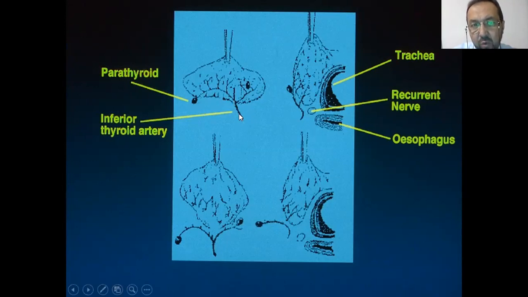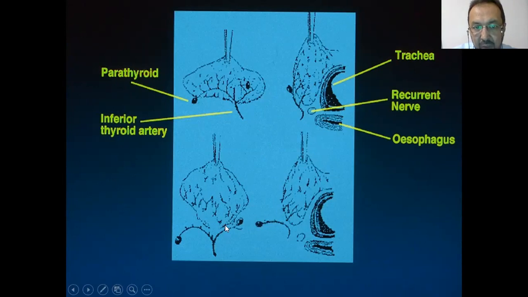So we have to ligate the branches that are getting into the thyroid lobe parenchyma that is to be removed, and not ligate the main trunk. And as we can see here, and in many other parts, the recurrent laryngeal nerve is in a very close position in the tracheoesophageal groove, as we will say a bit later.